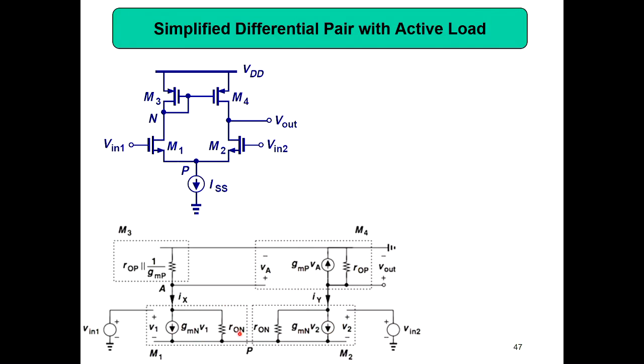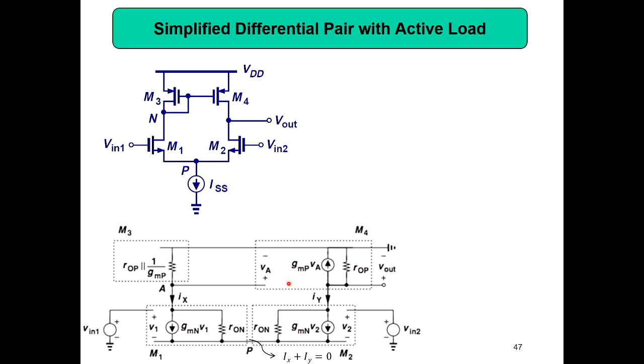Then you get RO1, RON, because this is NMOS, and this is also NMOS. That is the reason for RON. Then when you look up, you are seeing ROP parallel 1/Gm, as we already said. So when you look up, you see ROP and also a current source, and this part is grounded. Then you can write down the equations.